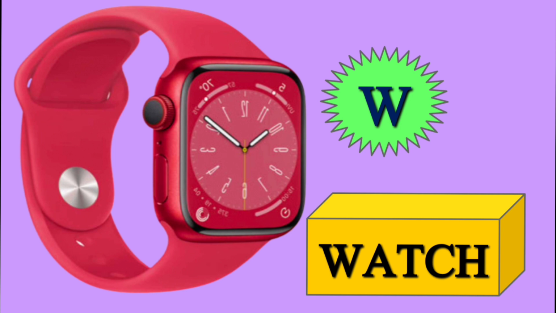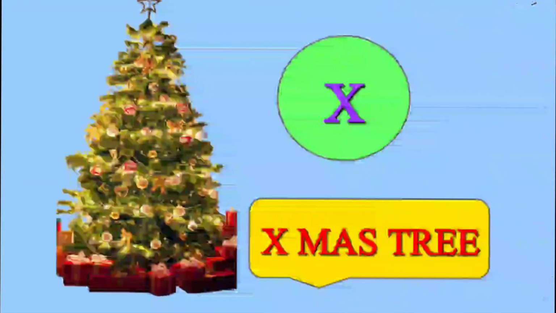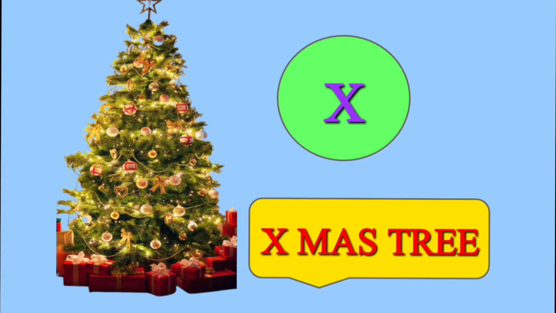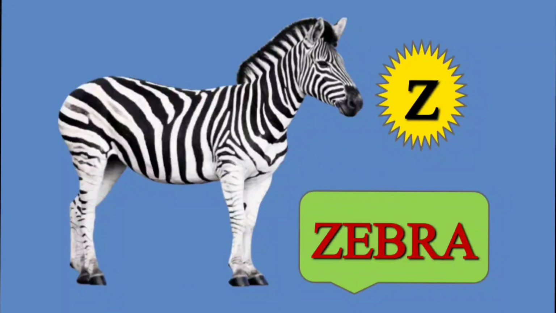W for watch. X for Xmas tree. Y for yacht. Z for zebra.